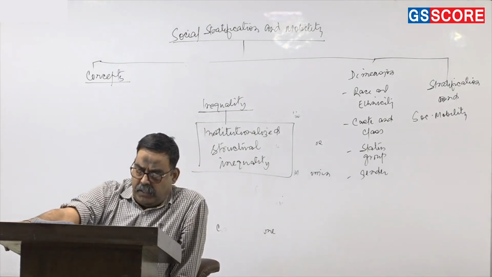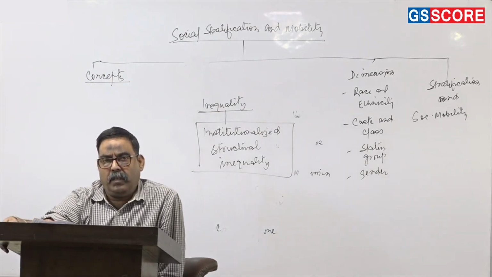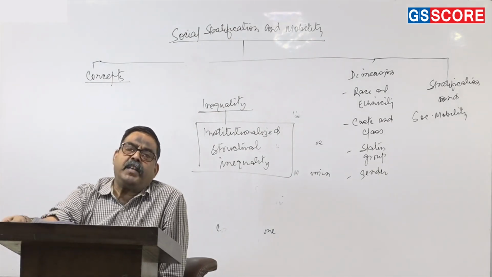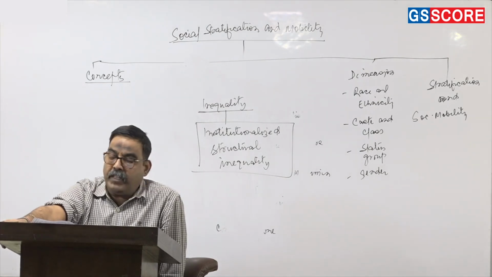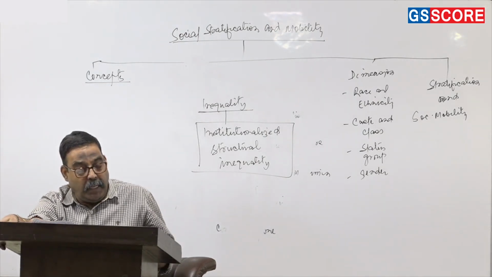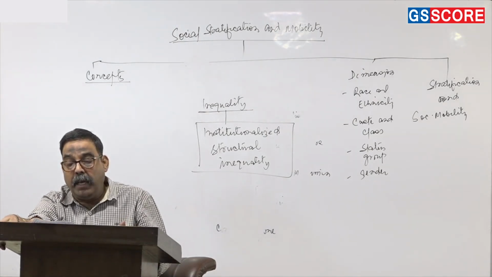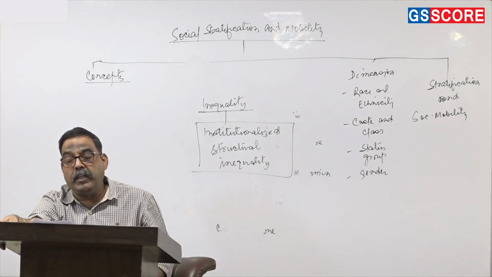Apart from this, in some of the sociological works, a few other types have also been analyzed. For example, structural and circulational mobility.